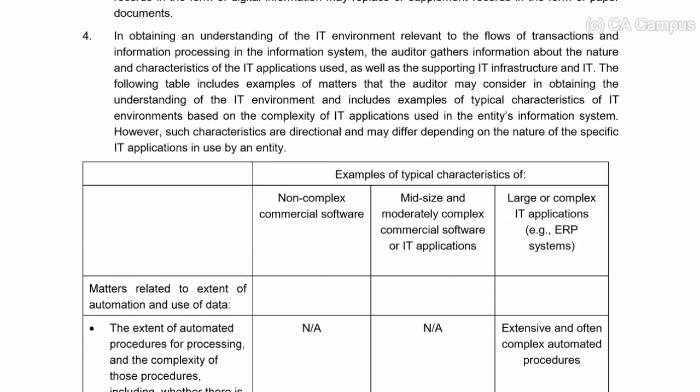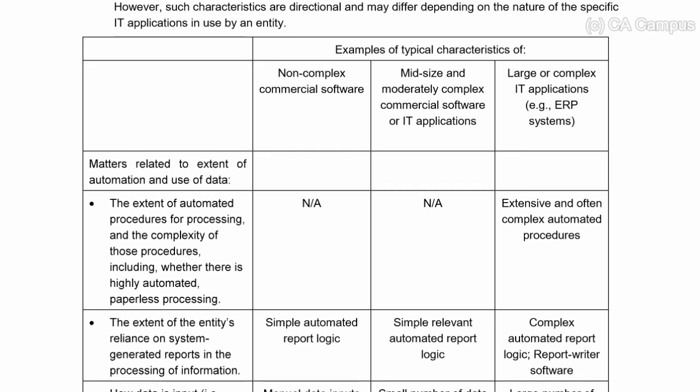Okay, and then you'll see it gives you examples of the type of characteristics of different softwares. So a non-complex commercial software, something like our accounting software, Sage, where I go and buy access to the package. I can't make any changes to the package. I have to use it as it is, but it's set up to align with the type of business and transactions we have.